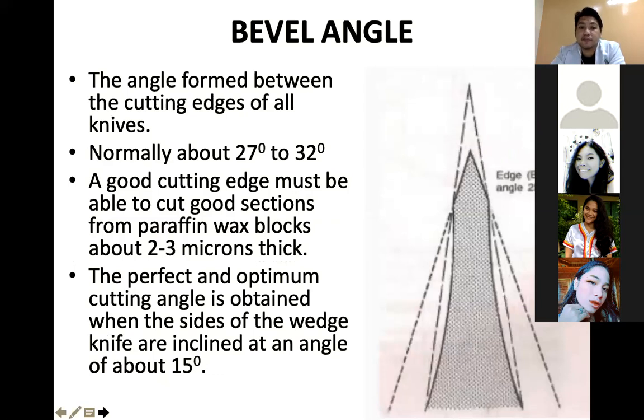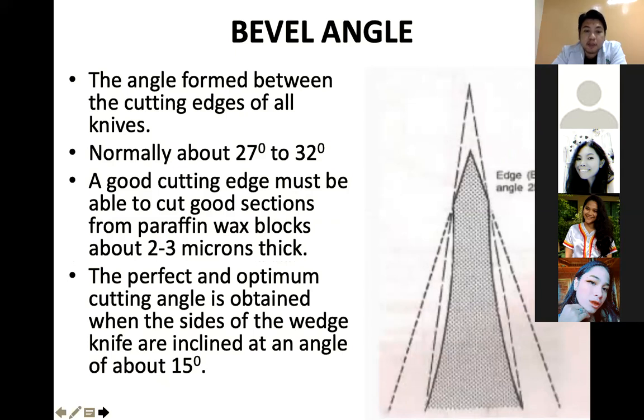Next, this is the bevel angle. So since we have different types of knife with different types of pointed portion, the bevel angle is an angle formed between the cutting edges of all knives. So normally about 27 degrees to 32 degrees. A good cutting edge must be able to cut good sections from paraffin wax blocks about 2 to 3 micron thick.